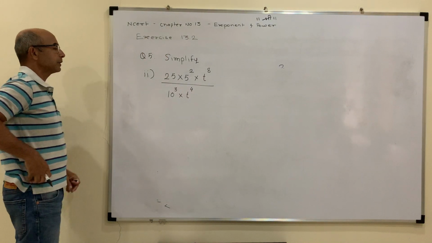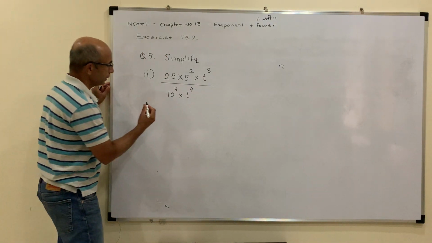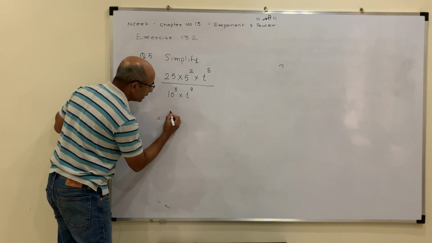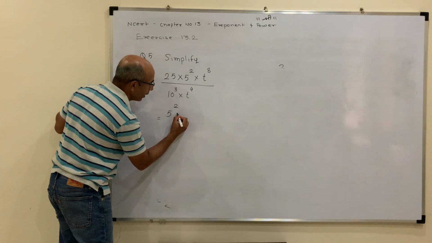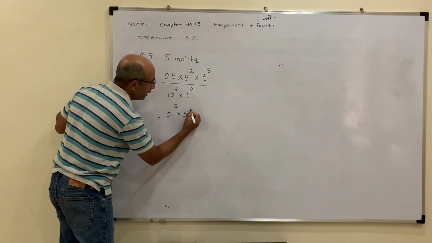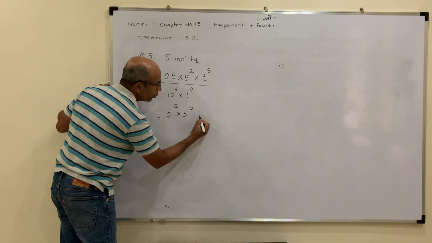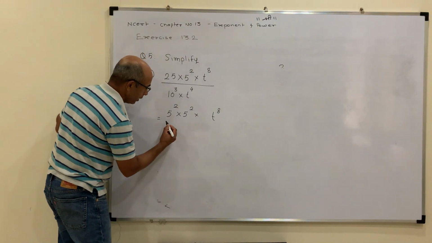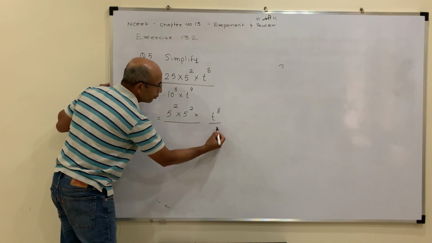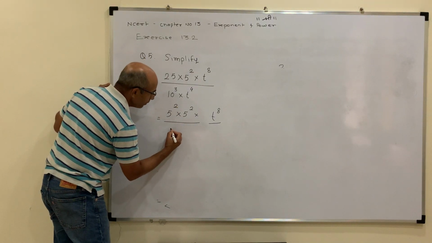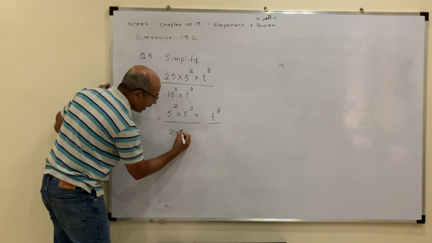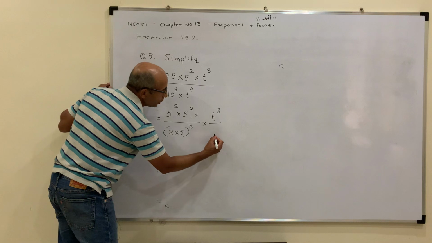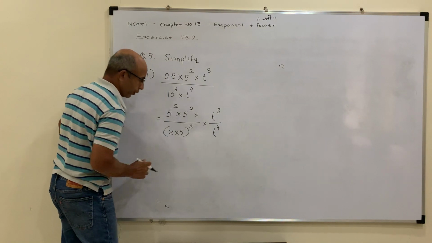So now in the first step we'll simplify this further. 25 is nothing but a 5 square, so I write it as 5 square into 5 square, and t, what I'll do, I'll put it separately, t raised to 8. Now I am doing the denominator, here I am putting 10 is nothing but 2 into 5 raised to 3 into t raised to 4.